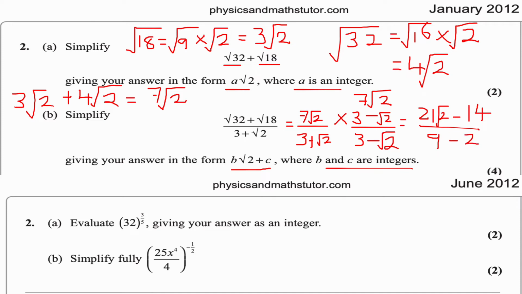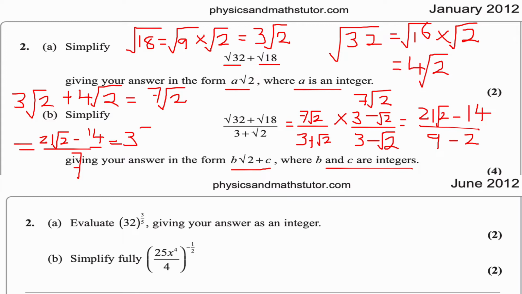So simplifying this, I'm going to have 21 root 2 minus 14 all over 7, which I can start simplifying now because 21 divides into 7 and so does 14. So 21 divided by 7 is going to be 3.